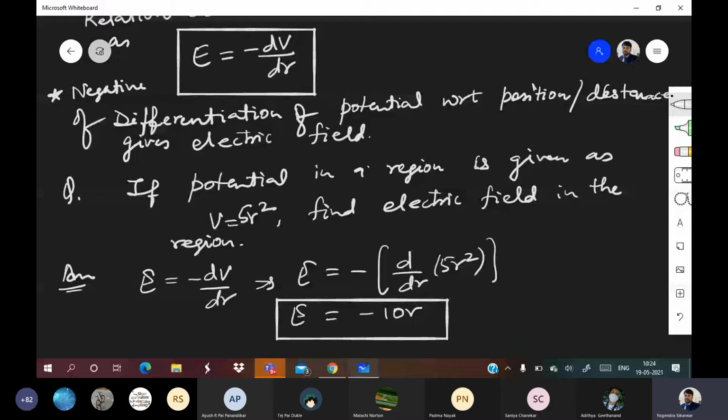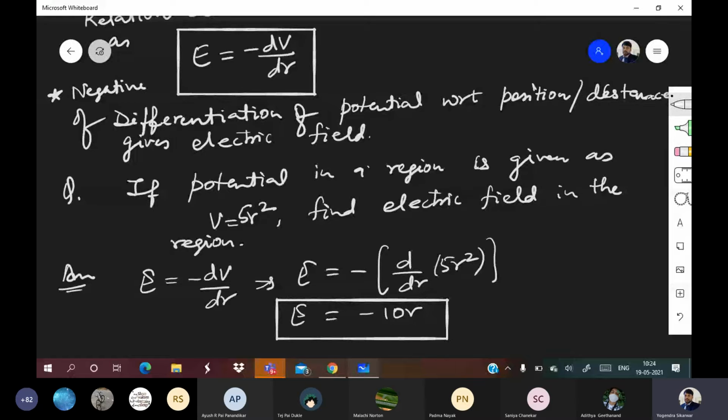All right. Now, there is a question from my side. We all know that potential is a scalar quantity. Yes or no? Yes. We all know that electric field is a vector quantity. Yes or no? Yes.